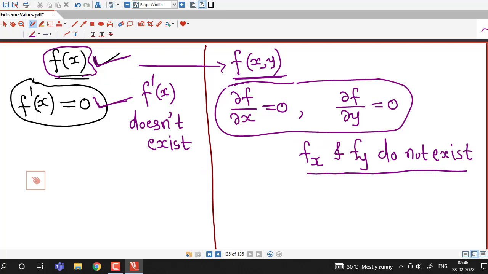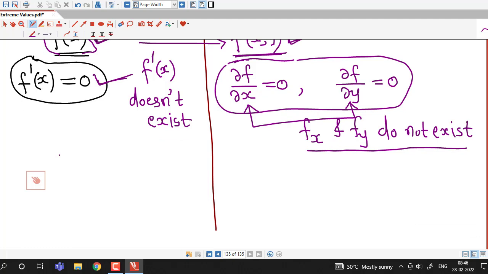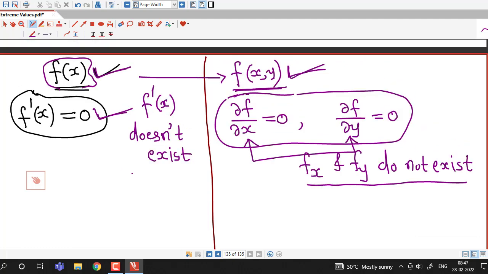So from this we can say that the candidates for local maximum or local minimum are those points at which either fx or fy or both the partial derivatives do not exist, or if function is differentiable, then the points at which both the partial derivatives are 0 are the points which are candidates for local maximum or local minimum values. So this is known as first derivative test.